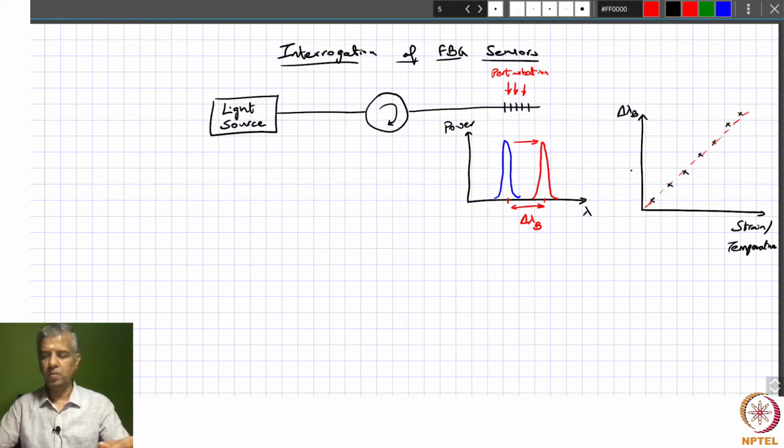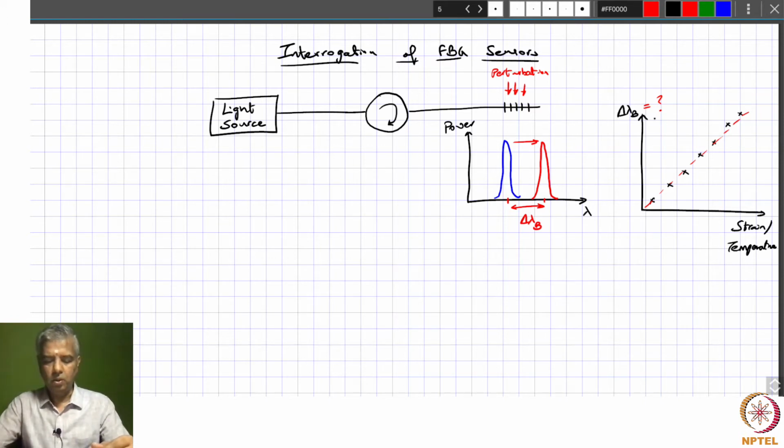So when you do this measurement, you are trying to pick up this delta Lambda B, and once you pick up the delta Lambda B, then you can infer what is the corresponding strain or temperature value. Of course, you cannot discriminate between strain and temperature, so we'll have to make some arrangement based on the application that we are looking at. Okay, but the key question is how do you measure this? How do you measure this delta Lambda B?